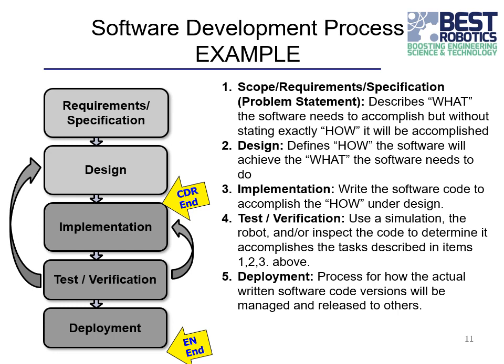You talk about how you've tested and verified it. You can use a simulator, you can use the robot, you can check by looking at the code, but you want to talk about everything that you've planned to do with the robot, with the software, and see if it all works. So that's looking at items 1, 2, and 3.